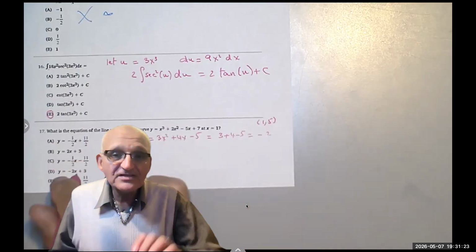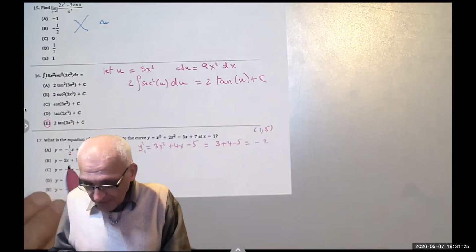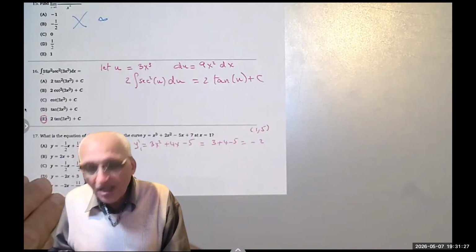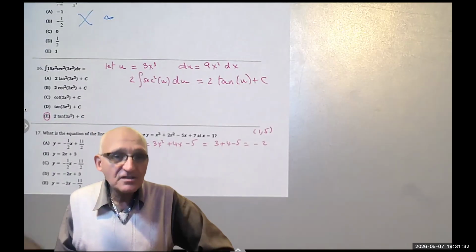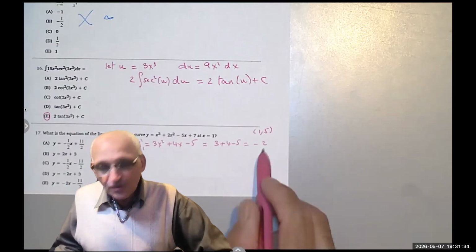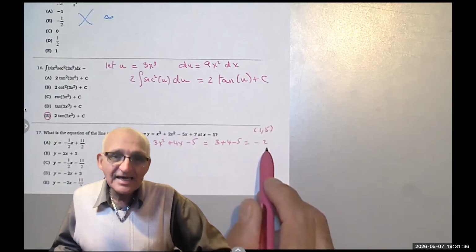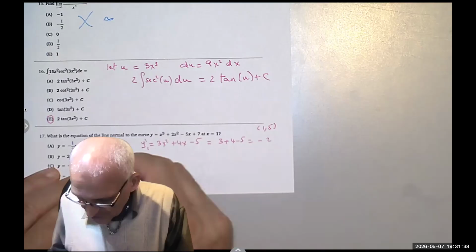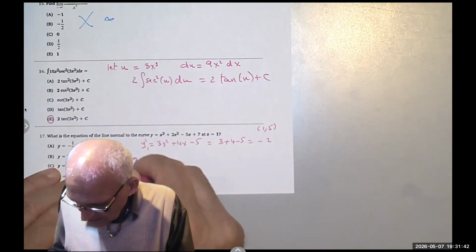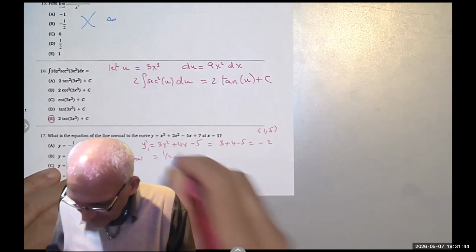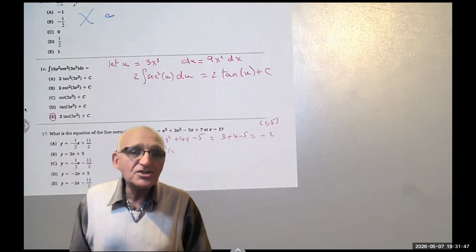That's the slope of the tangent, but you want the equation of the line normal to the curve, meaning perpendicular to the tangent. So its slope would be negative 1 over that, which is 1/2. So m normal is 1/2.